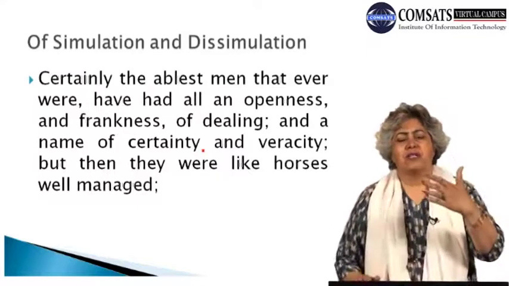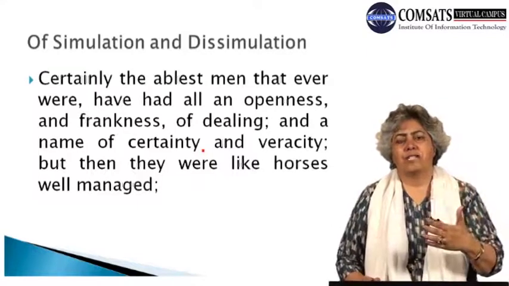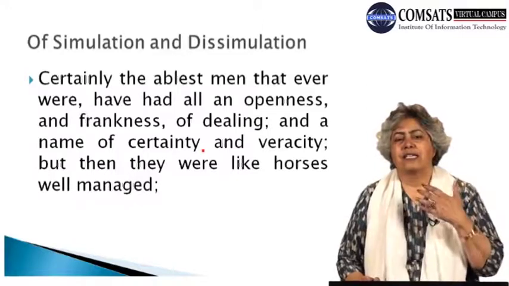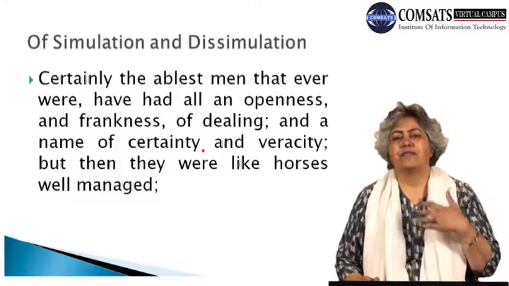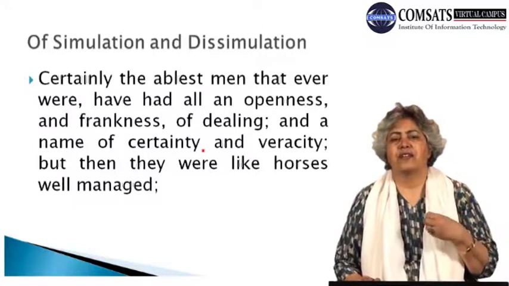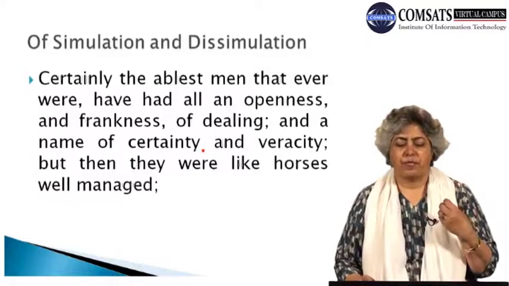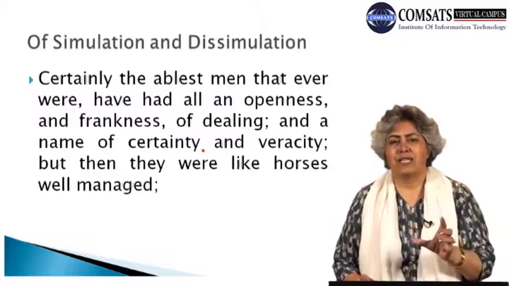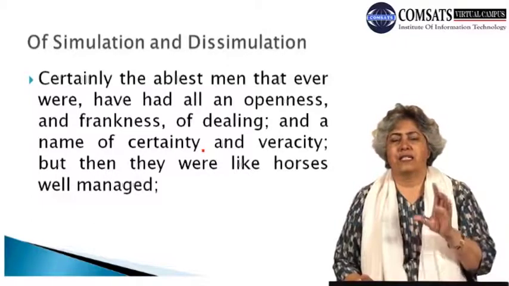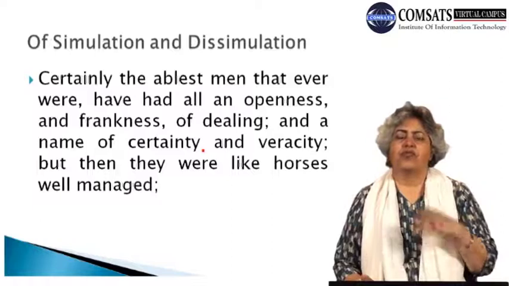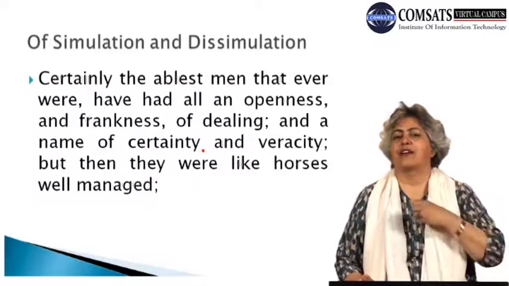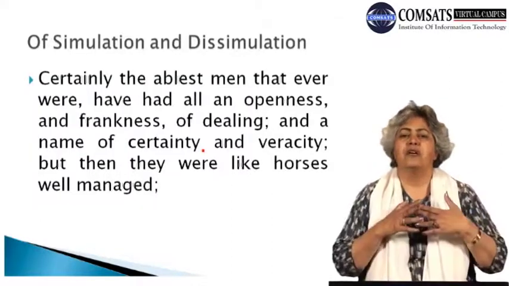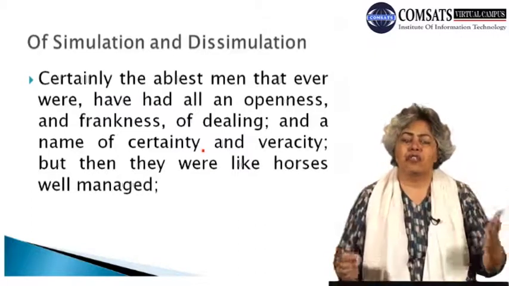And one of the things that Bacon is going to emphasize a little later on is that it is fear that makes you pretend. It is fear that makes you lie to another person. But more of that later. Right now he's talking about the ablest men and the fact that they are always truthful, they're always frank, they have nothing to hide, and therefore they do not hide, they're open to the public.